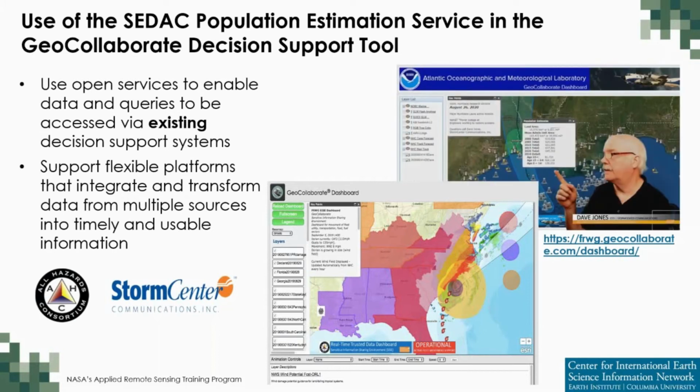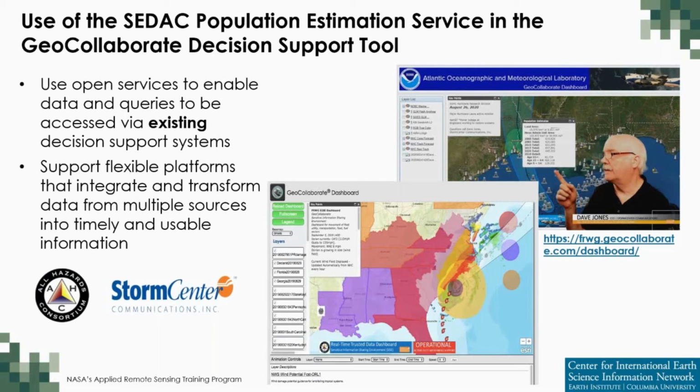So that allows any user to figure out, well, how many people are in the path of this hurricane or are under a National Weather Service warning area. And that might help first responders and others start to figure out how high the risk is and what they might need.